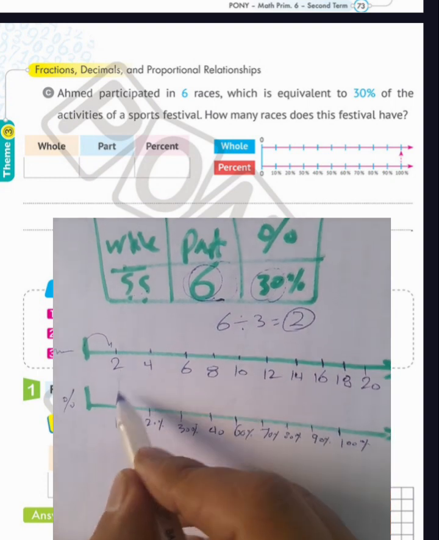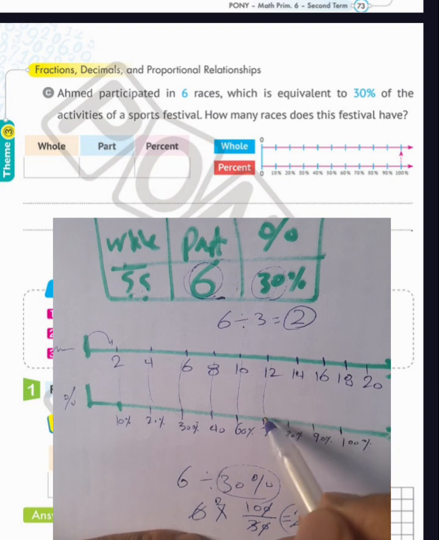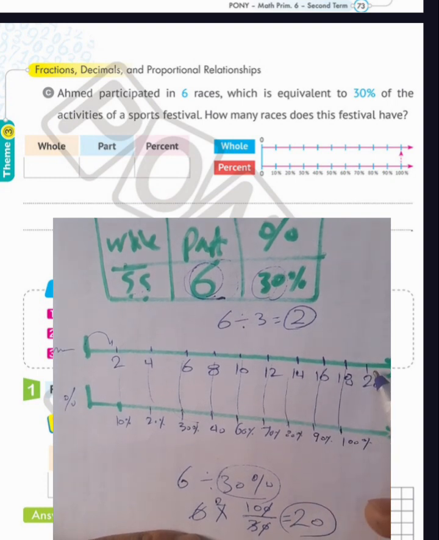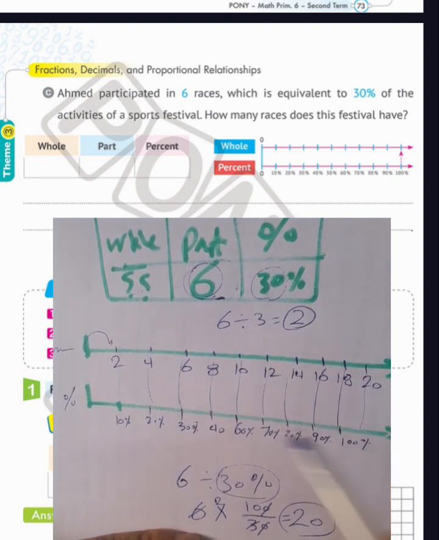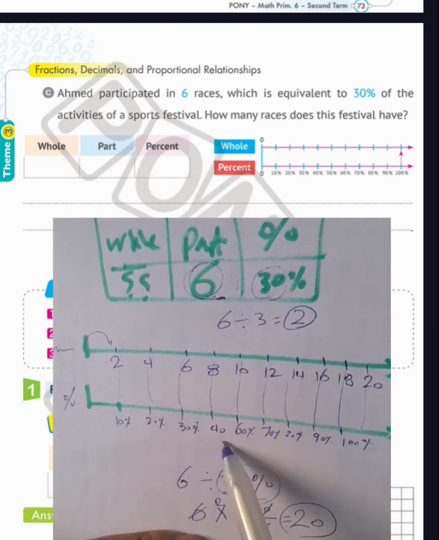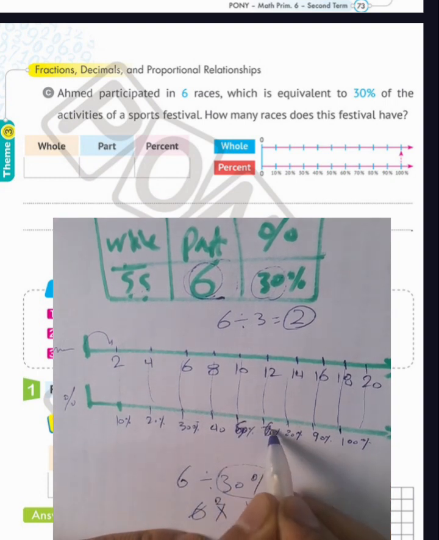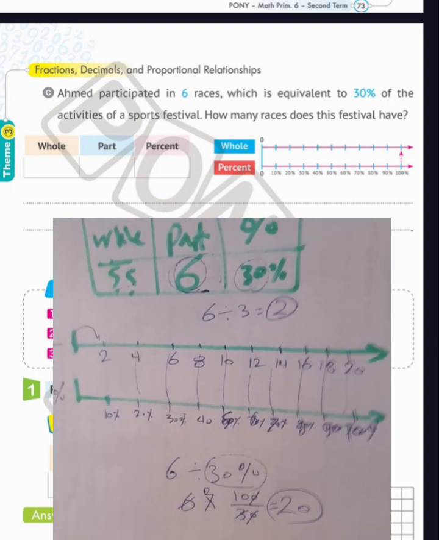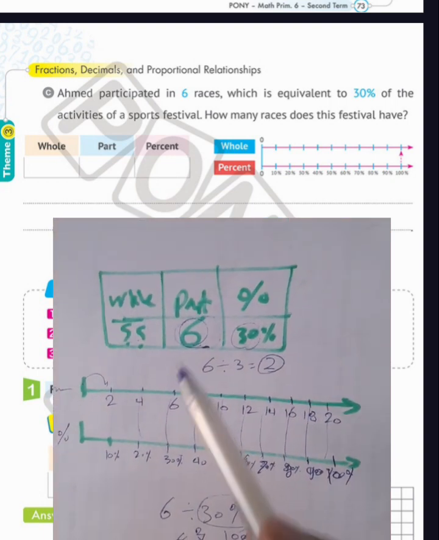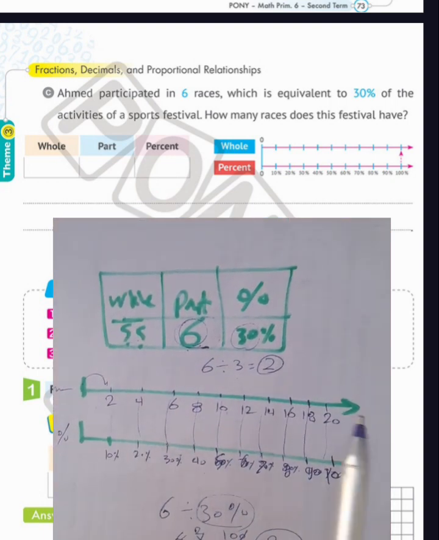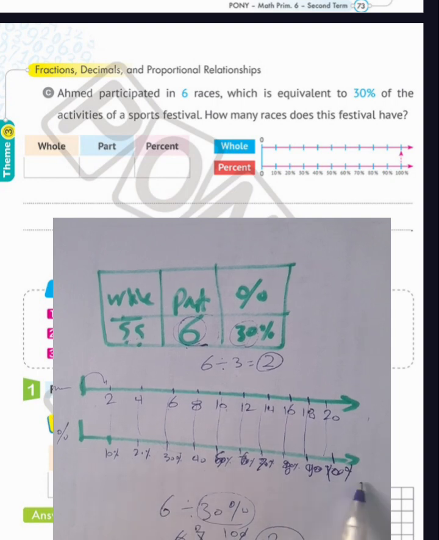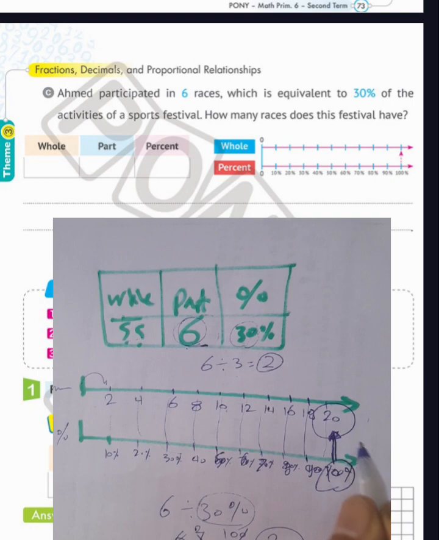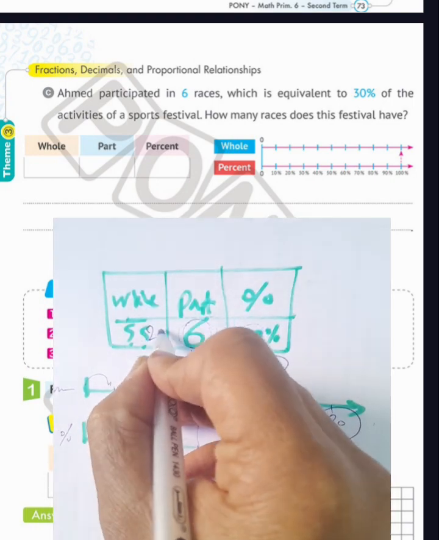Count with me: 10, 20, 30, 40, 50, 60, 70, 80, 90, 100%. Same as with 6 divided by 3 equals 2. Then we count by 2 and count 10, 20, 30 up to 100%, equal to 20. Then the whole number, the total, will be 20.